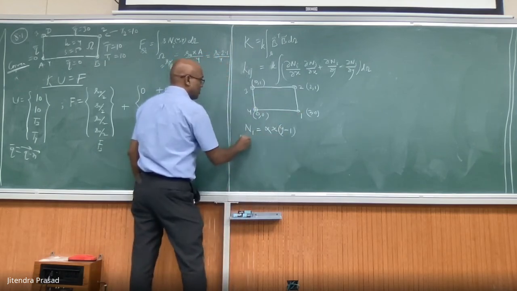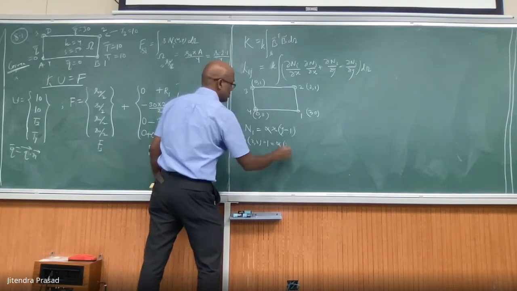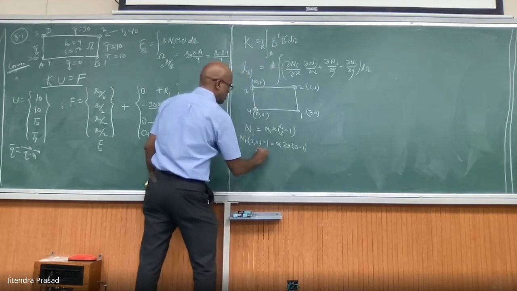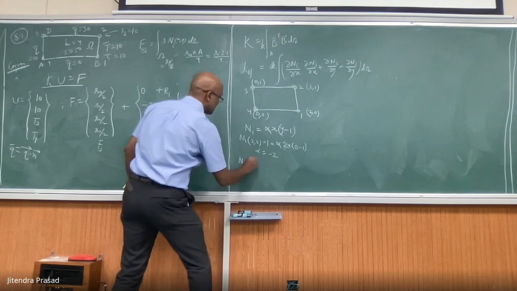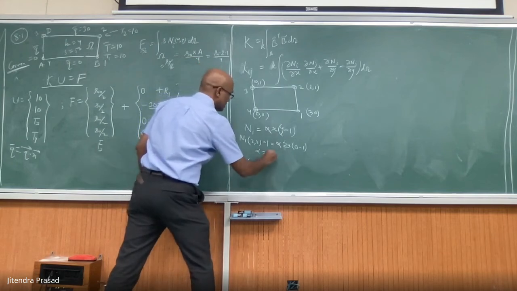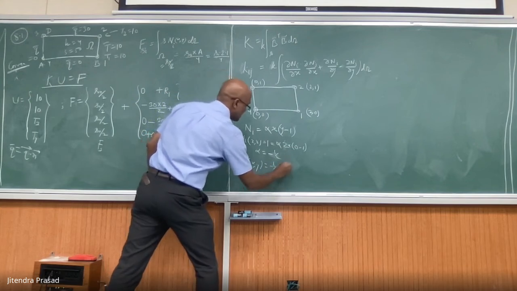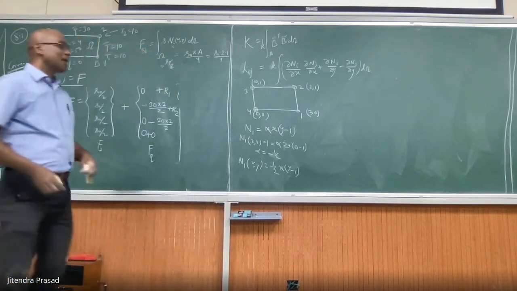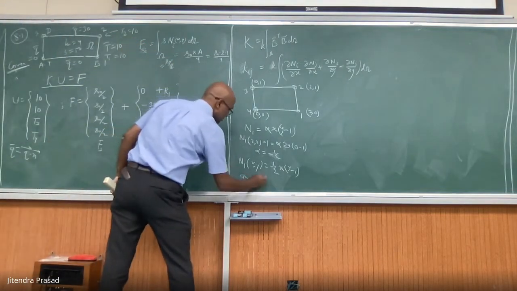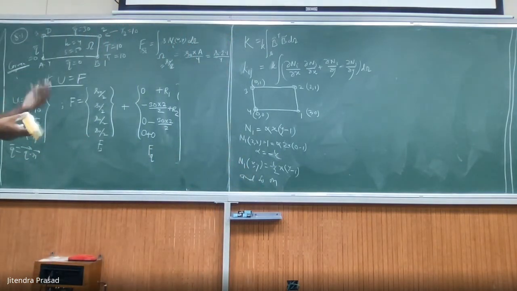Where N1 at (2,0) is equal to 1, alpha times 2 multiplied by 0 minus 1, alpha equal to minus 1/2. So N1(x,y) will be equal to minus half x (y minus 1), and so on, and proceed for all the others. So that's what they did.